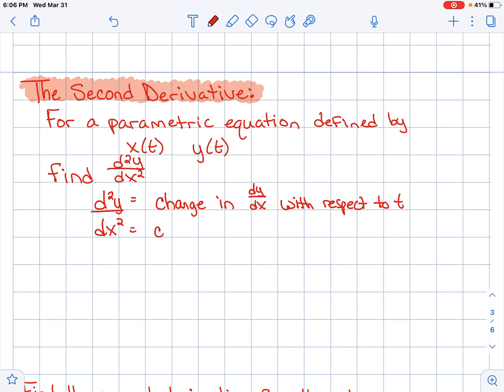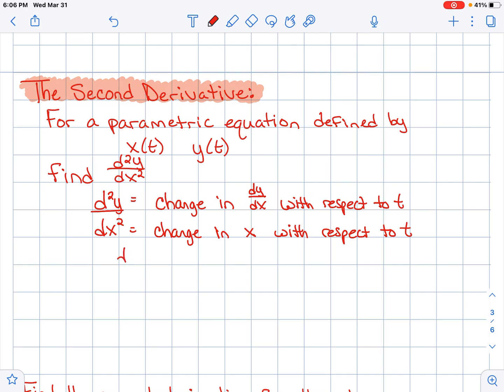And this is saying find the change in x. And this is something we've done over and over and over for the entire year. The second derivative is, how is the first derivative changing as x is changing? The only thing we're adding on here is that this is with respect to time.